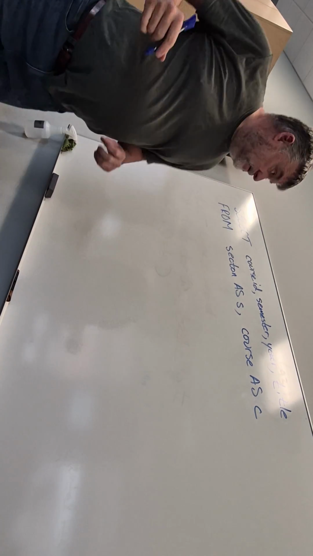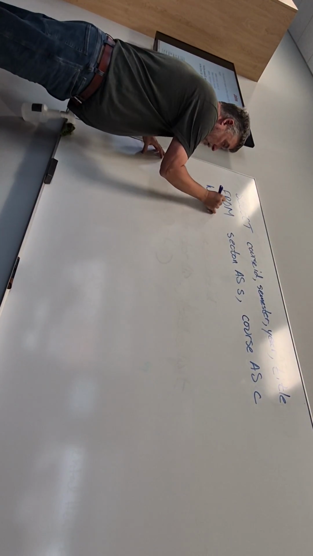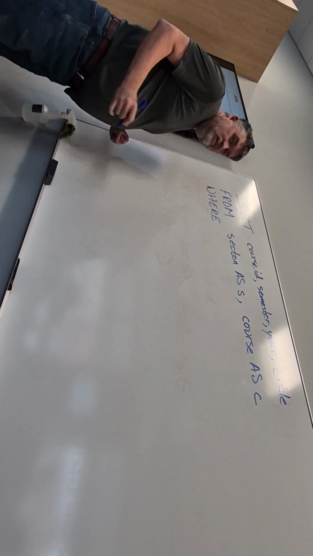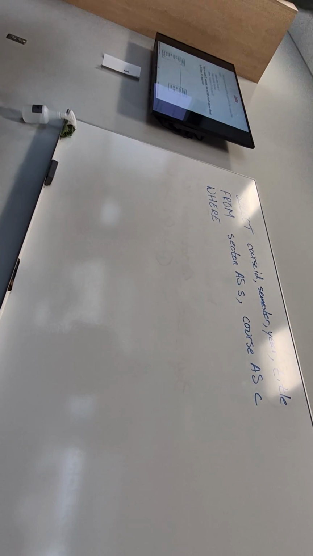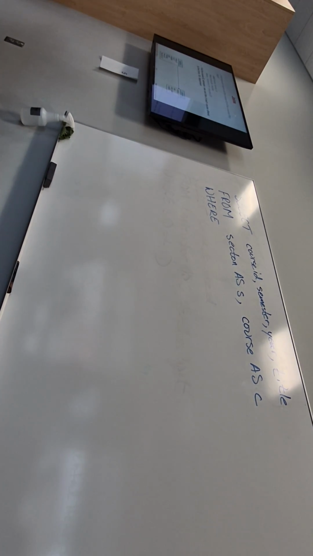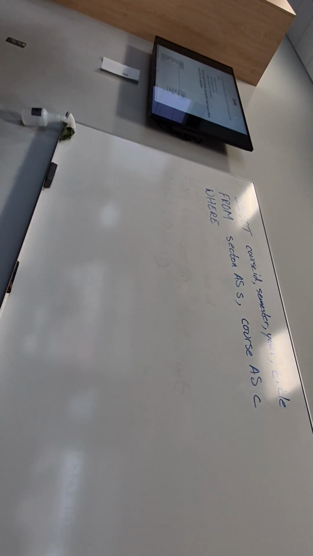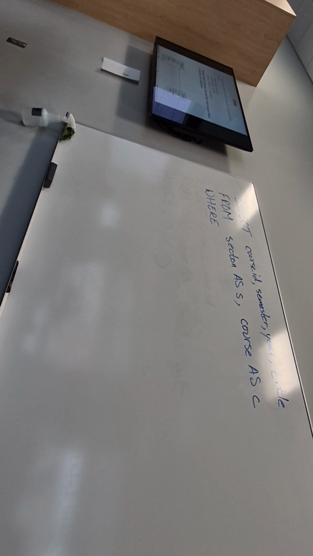All right. Where? What do you suppose I need to put in my where clause? Beta? Aiden? S dot course ID and C dot course ID. Yeah, that's probably pretty good.